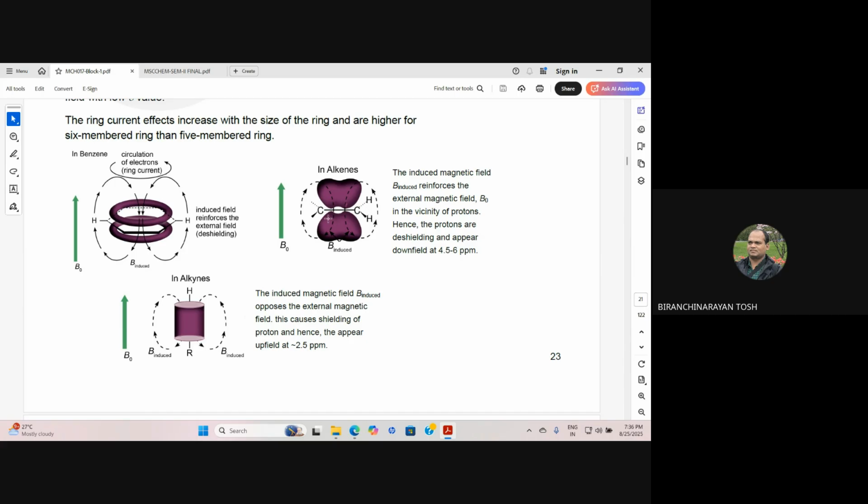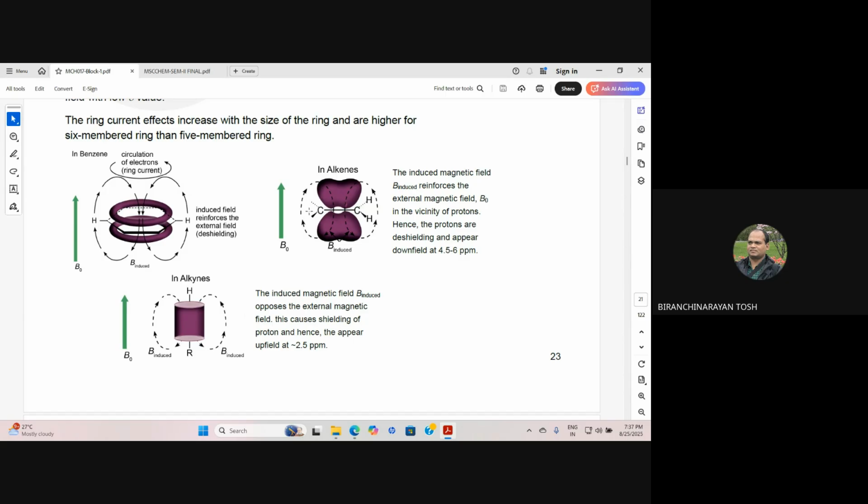For the same proton here, the induced magnetic field reinforces, meaning it increases, so there will be deshielding. In this case also, it reinforces, so there will be deshielding, but here it opposes. This is the proton. In this case, you see it is just the opposite. Along where the hydrogen is, the external field and the induced magnetic field are in the same direction.